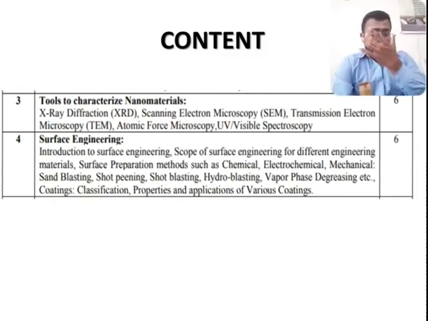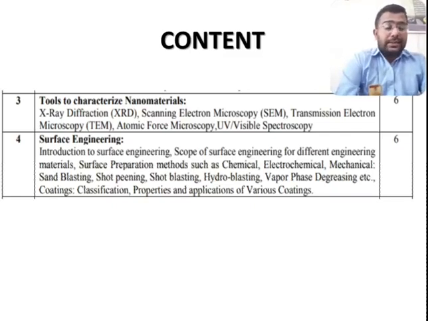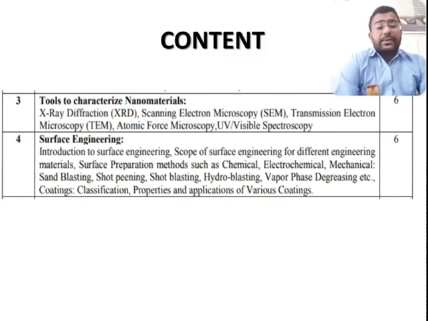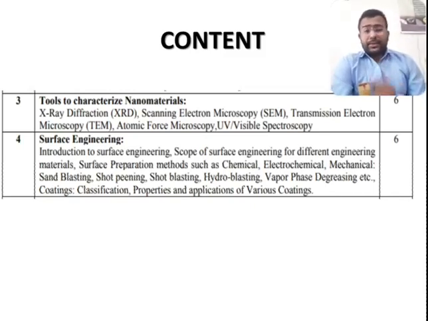As we know, various coating processes are used in many industries. There are lots of coating methods used on metal, so we will gain some knowledge regarding coating in this topic, with various types of classification and properties.